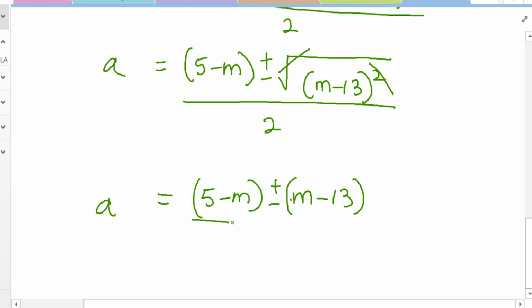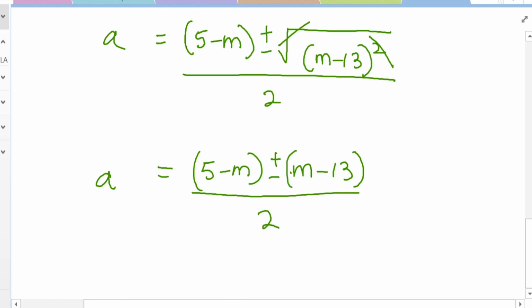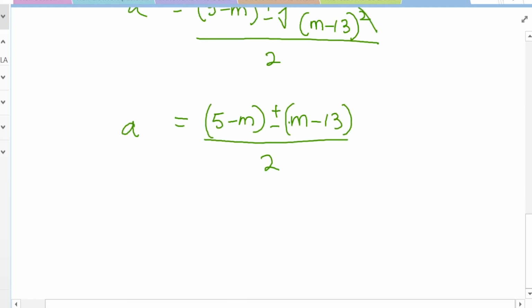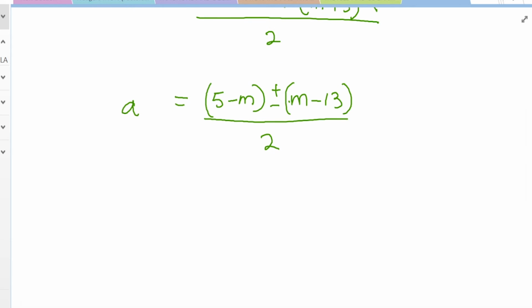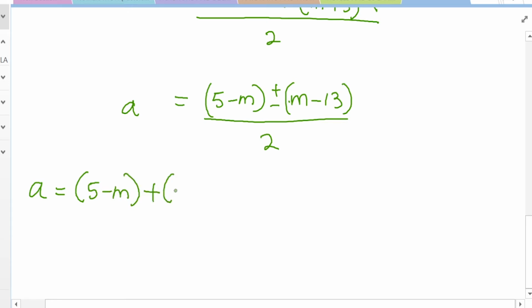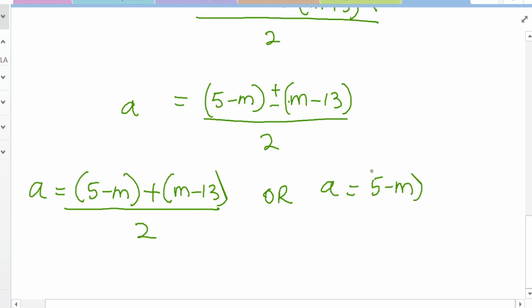Divide that by 2. From here, we shall break these two solutions down. We shall say either a is equal to 5 minus m plus m minus 13, divided by 2, or the value of a is 5 minus m minus m minus 13, divided by 2, like that. So what do we have?